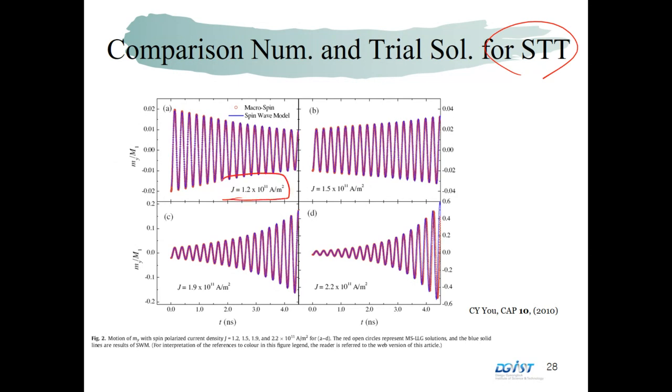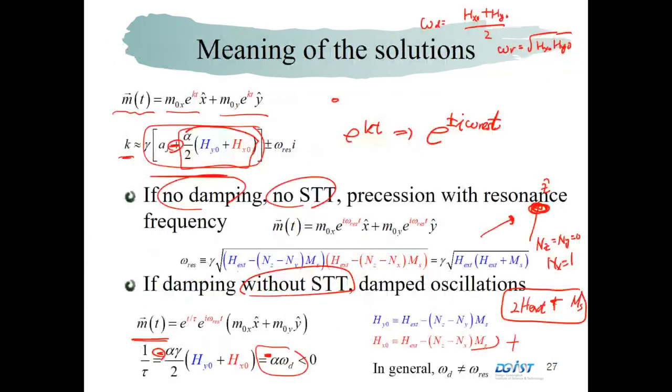Here we have a small current, then we have a damped oscillation, damped motion. But when we increase the current density, it gets amplified. And even when we apply the large current, the oscillation is getting larger.